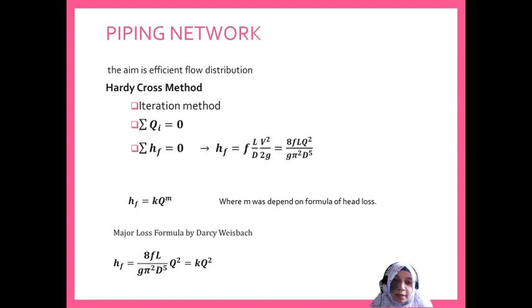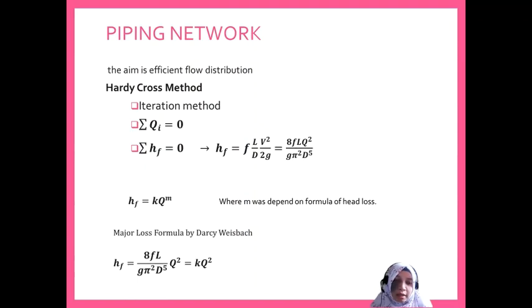In the Hardy-Cross method, we use an iteration method, and sigma Qi equals 0 and sigma HF equals 0. HF is major loss, and we're using Darcy-Weisbach.